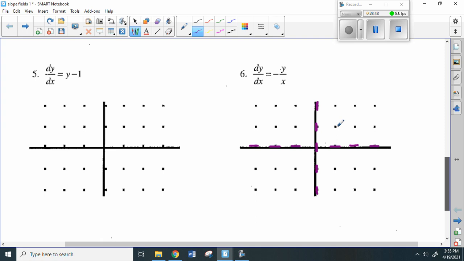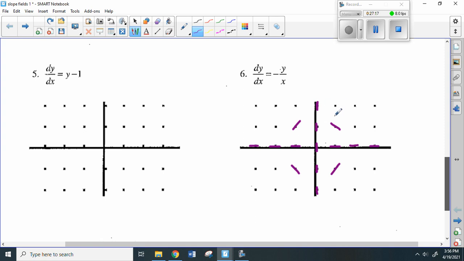For example, if I'm at 1, 1, then I get a -1 slope. If I'm at -1, -1, and then I put a negative in front of it, I get a -1 slope. But if I'm at +1, -1, and then put another negative, I get a +1 slope. So I can start to see some patterns. I didn't draw that very well, but you hopefully get the idea.